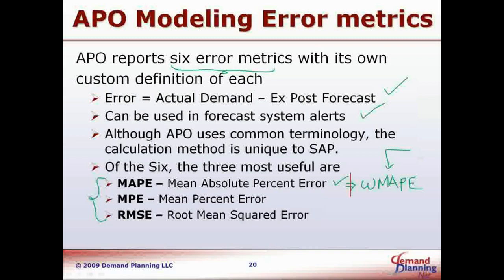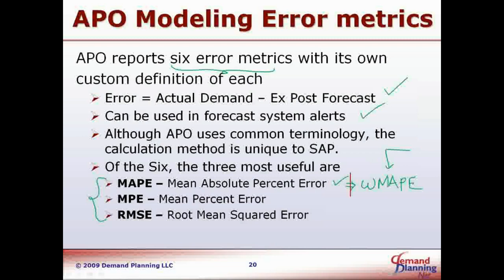But APO's error measure is not weighted by volume. It's a simple average of absolute percent errors, just as it says. It's not what supply chain planners use for performance measurement for KPI reporting. WMAPE is what we use for KPI reporting.